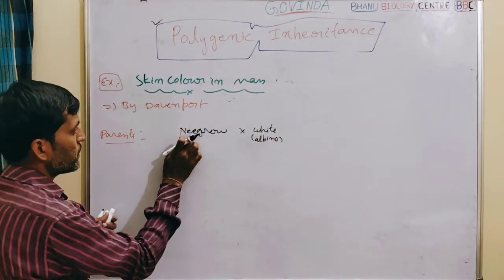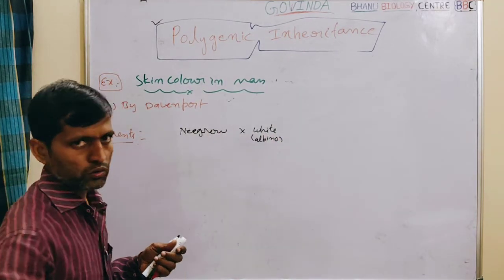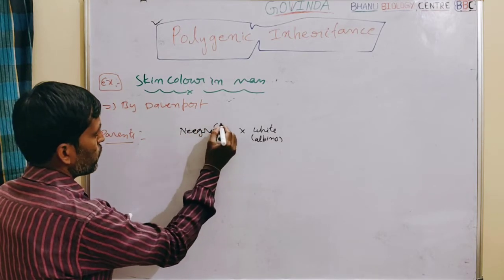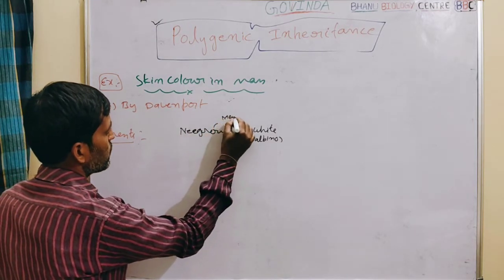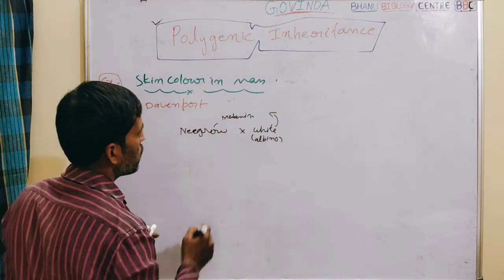Negro's skin color is dark, and the albino's skin color is white. Here so much of melanin is present. Here the melanin is absent.